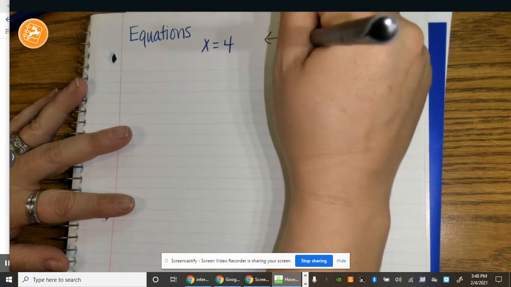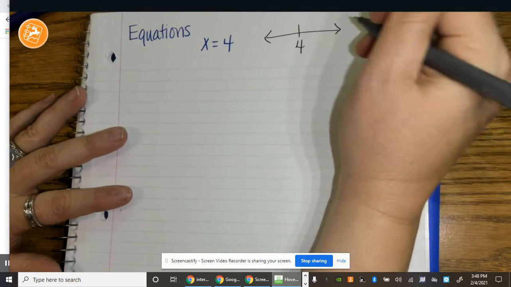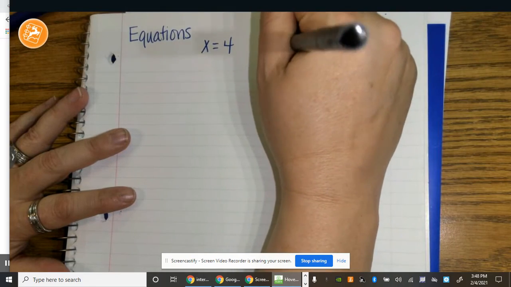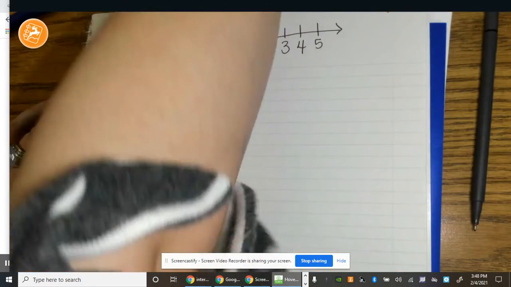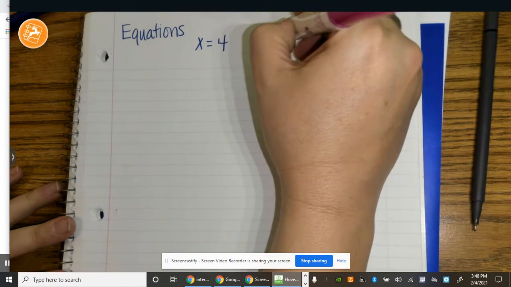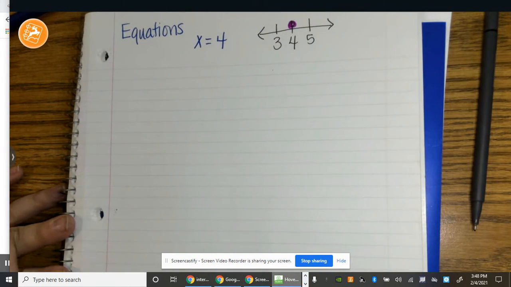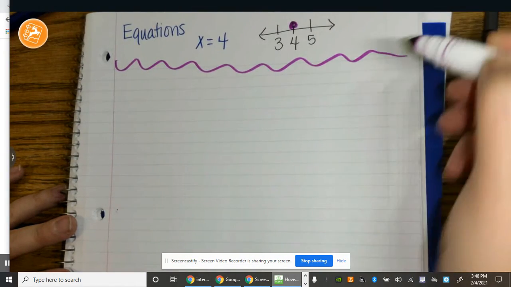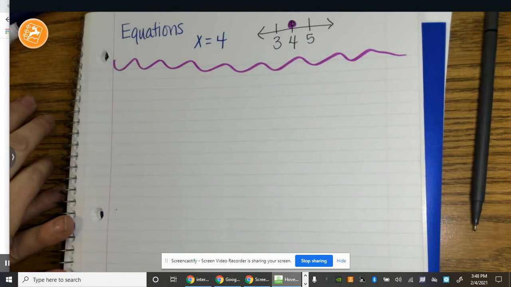So I'm going to put a 4 right in the middle, a 5 above it and a 3 below it. To graph x is equal to 4, I'm just going to put a dot right there. That's how you would draw equations on a number line.